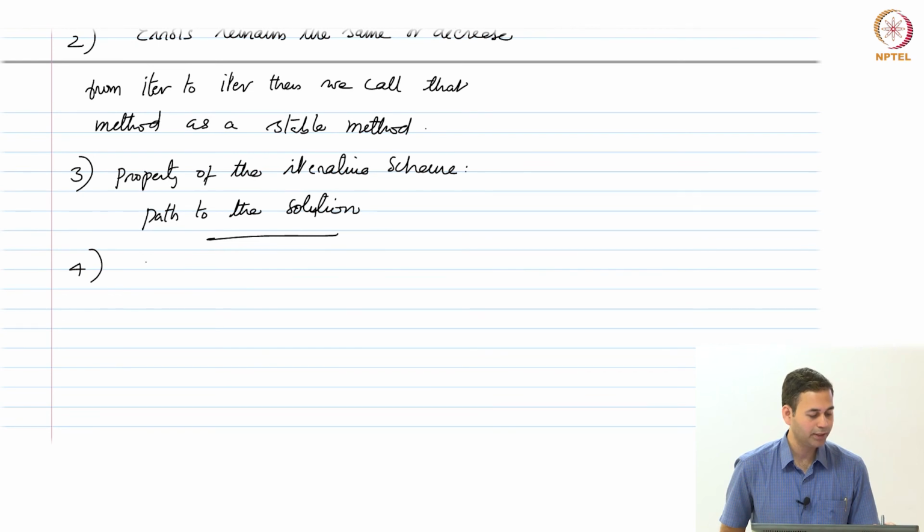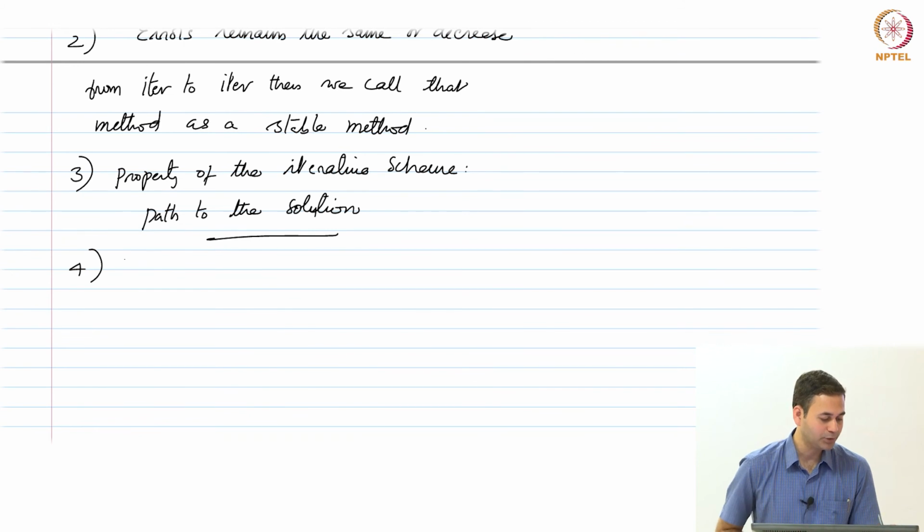So, of course, we want to work only with stable methods or stable schemes, such that our errors do not grow from iteration to iteration. Now, how do we know whether the errors are going to grow or decrease?